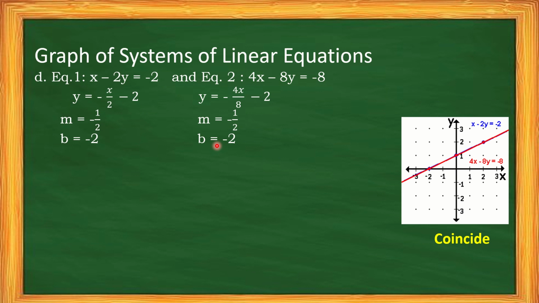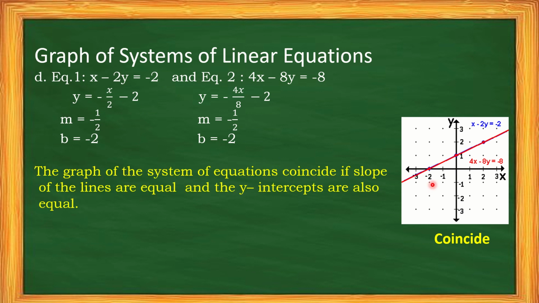In that case, if the slopes of the lines are equal and the y-intercepts are also equal, the graphs of the system of equations coincide. So that is the case.